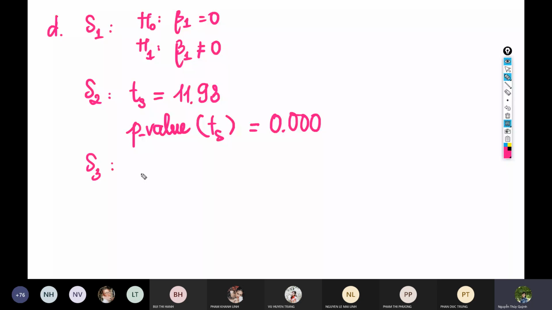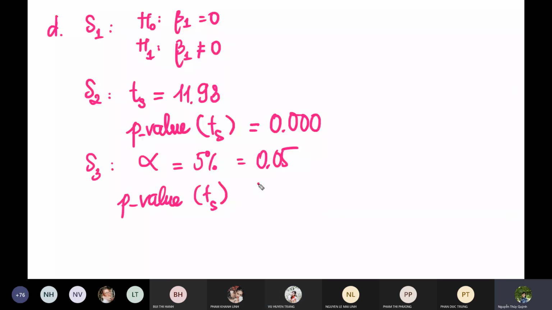So what level of significance do we have to use here? 5%. Yeah, 5%, 0.05. Okay, so now we can see that the p-value of the test statistic is obviously smaller than the level of significance.